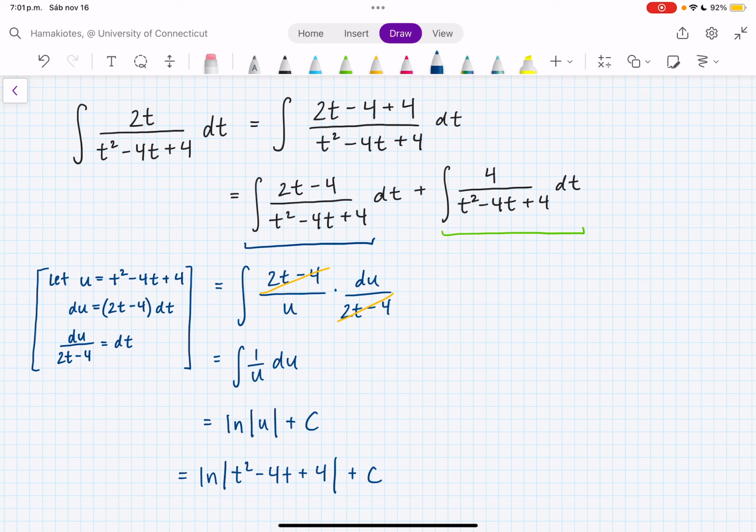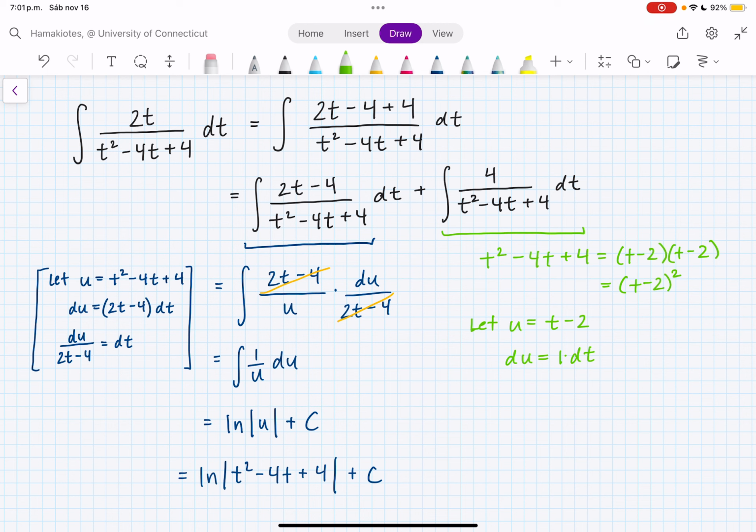Now let's see what's going on with the second integral. First notice that t squared minus 4t plus 4 can be factored as t minus 2 times t minus 2. This is t minus 2 squared. So if I let u equal t minus 2, then du is just the derivative of t, which is 1, times dt.